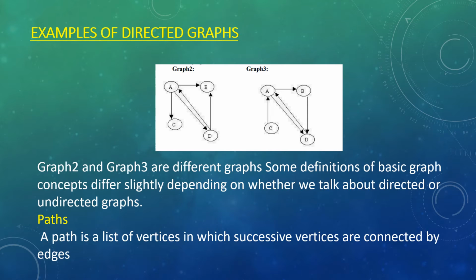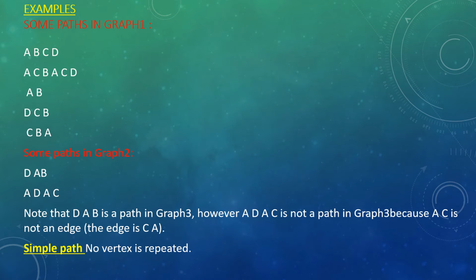Paths. A path is a list of vertices in which successive vertices are connected by edges. Examples: some paths in graph 1: A, B, C, D; A, C, B, A; C, D, A, B; D, C, B; C, B, A. Some paths in graph 2: D, A, B; A, D, A, C. Note that DAB is a path in graph 3.